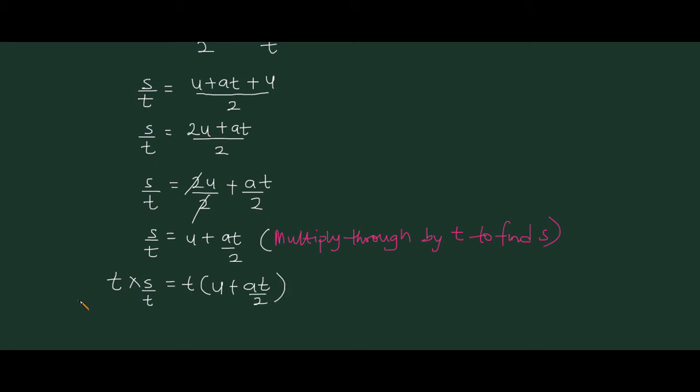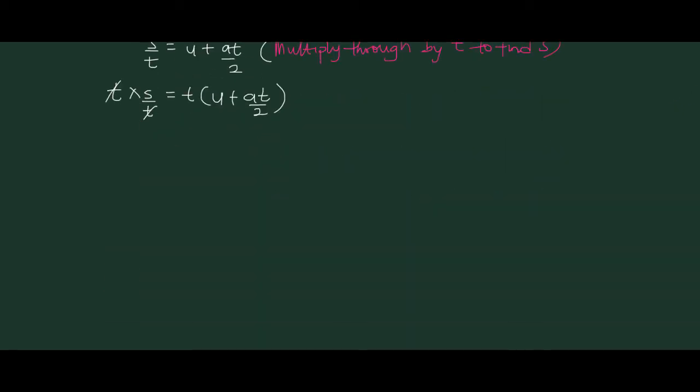The t cancels out, and we'll have s left, and we have t opening this bracket, which gives ut plus at squared all over 2.